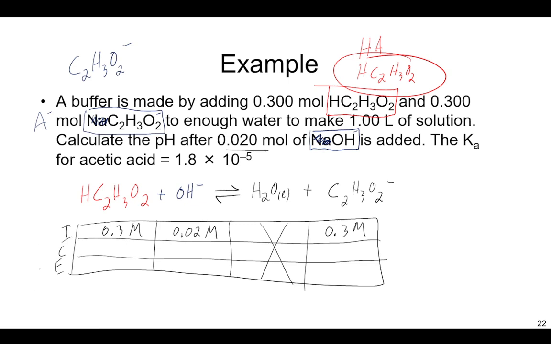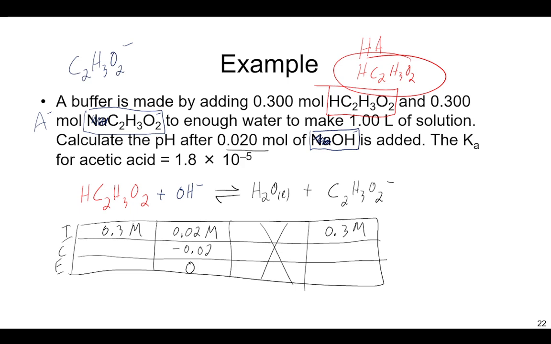Now, the whole point of a buffer is that it is going to neutralize this added base or acid, but in this case, we're adding a base. So the buffer is going to neutralize this base, meaning it's going to use up all that OH minus. So at equilibrium, that base has to go to 0. It has to get completely used up.